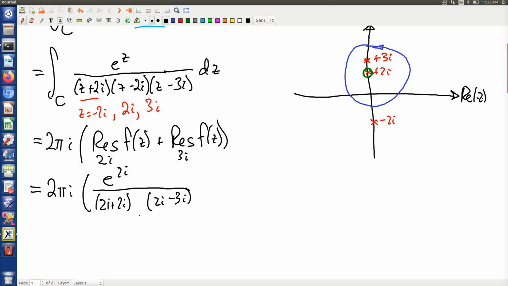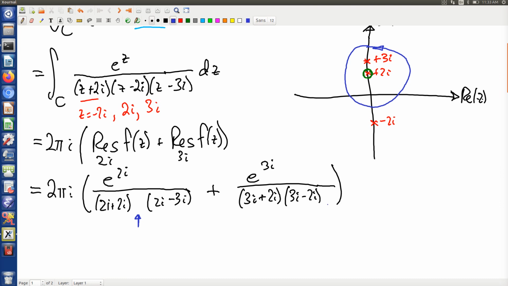And notice I've left out the actual pole factor because this is going to be the coefficient on the Laurent series term that is 1 over z minus 2i. In pretty much the same way, the other residue is not so hard to work out. And modulo some simplification, that's the end of the story.